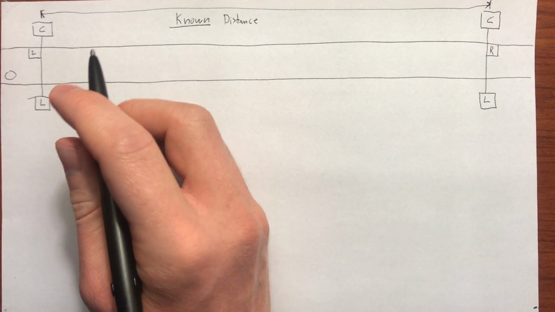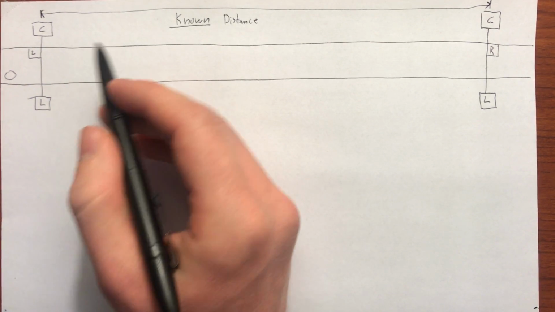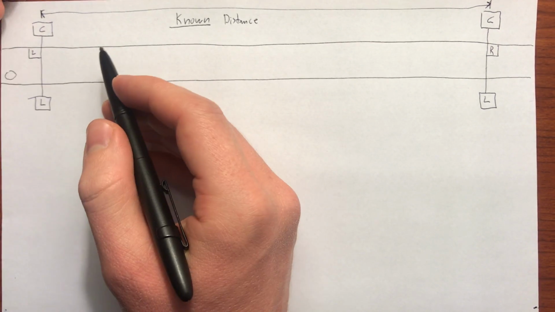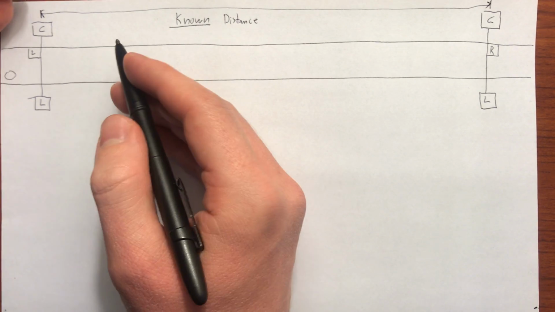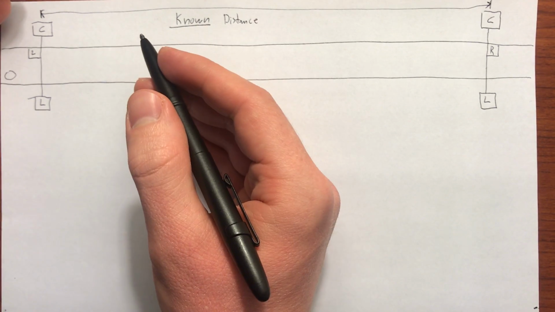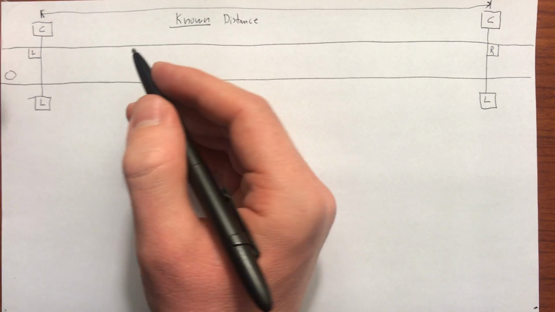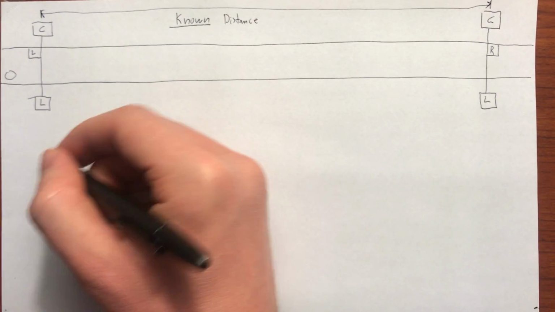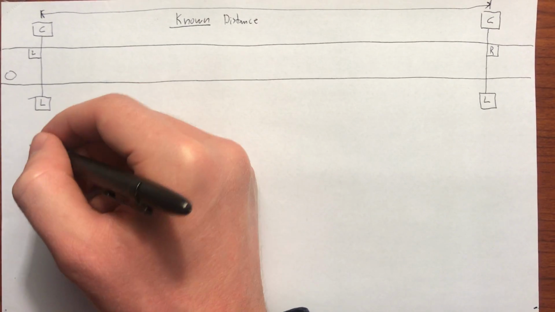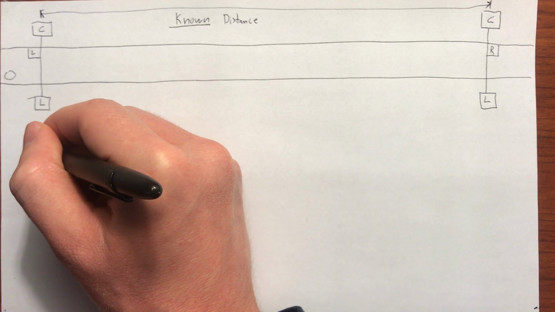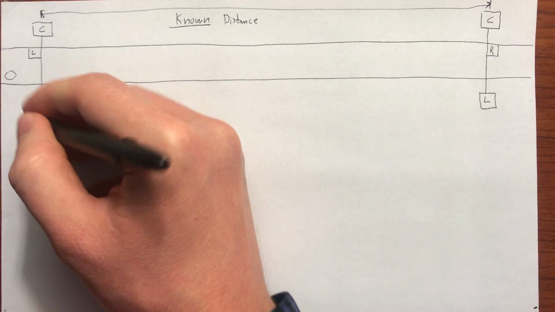Now, how are we going to get the ball to go not only at a constant speed, but a known speed? Alright. Well, let's draw a chute. Same perspective, so this way is down.